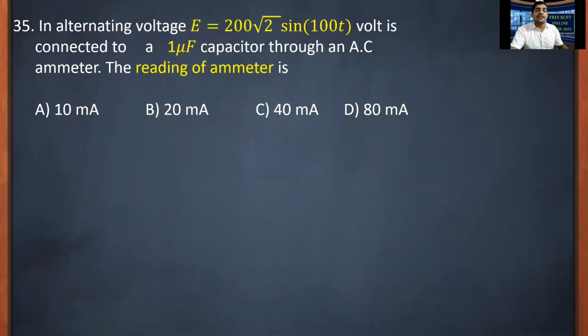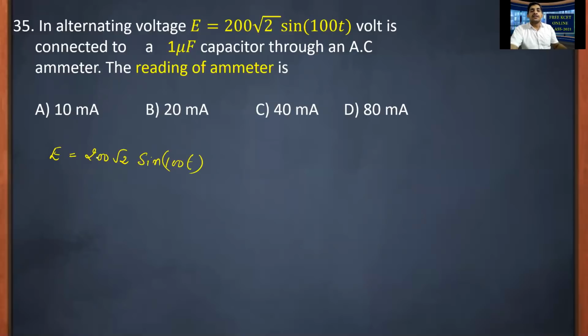Okay. An alternating voltage E is equal to 200 root 2 sine 100t volt is connected to a 1 microfarad capacitor through an AC ammeter. So there is an AC ammeter connected. The reading of the AC ammeter is? So what is given? The EMF source is E equal to 200 root 2 sine 100t.